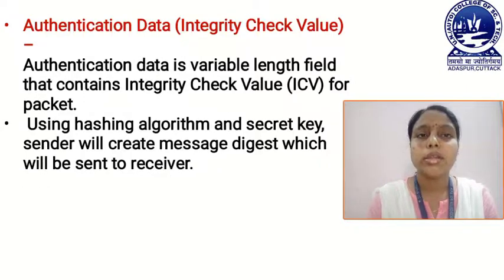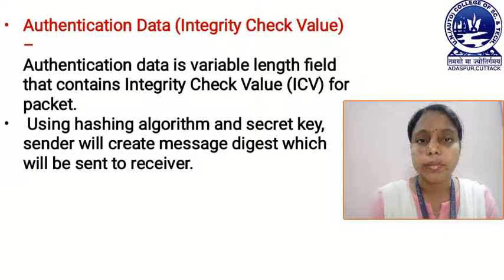Next one is authentication data, that is the integrity check value. This authentication data is a variable length field, and it contains the integrity check value for the packet. Using a hash algorithm and a secret key, the sender will create a message digest which will be sent to the receiver.